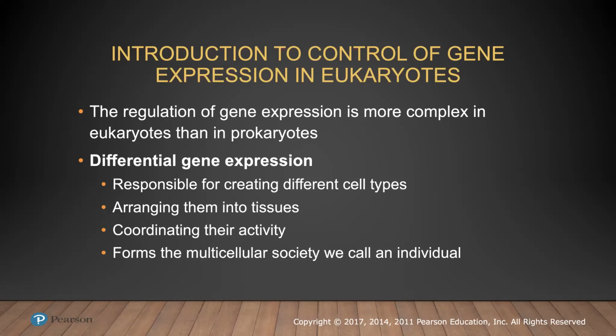The regulation of this process is a lot more complex in eukaryotes than in prokaryotic cells, due to the complexity of having these larger cells that might be either a single-celled organism, or in most cases, eukaryotic cells have formed together to form multi-cell organisms. And so how does this process work?